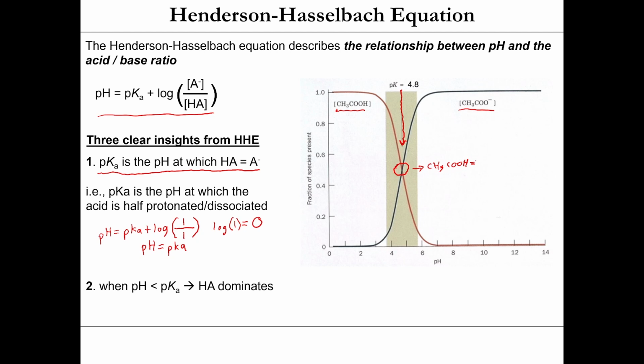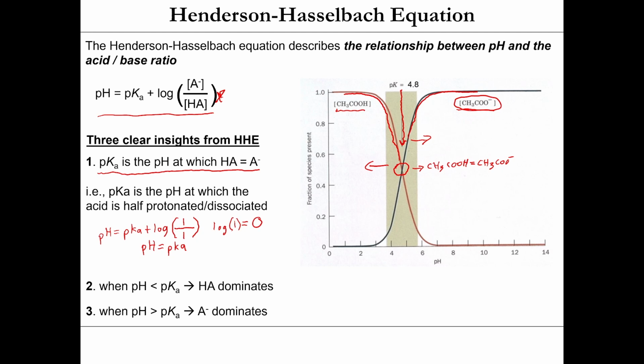Now, 2 more important points from this, which we can already see, is that when the pH is less than the pKa, this acid species is going to dominate. So there's going to be more of this acid species in the solution below the pKa. And then third, when the pH is greater than the pKa, the conjugate base form, the deprotonated form, is going to predominate. You can play around with these numbers yourself and plug them in, the A minus over the HA.